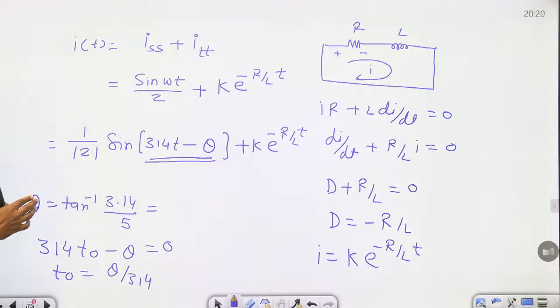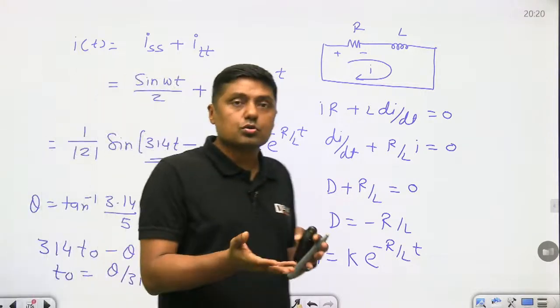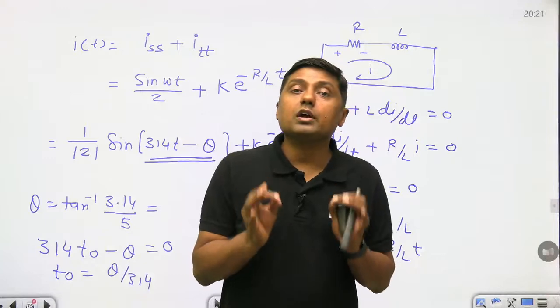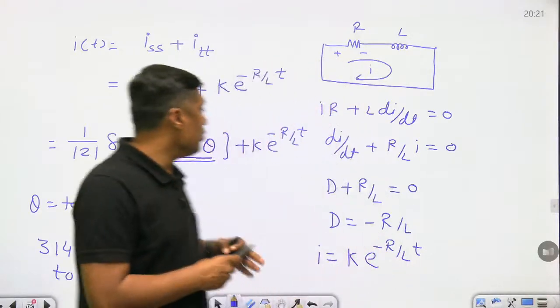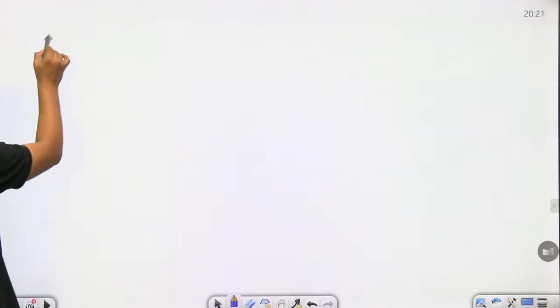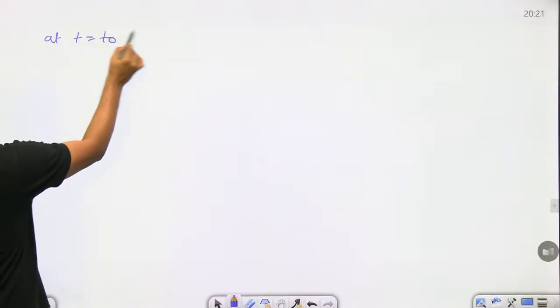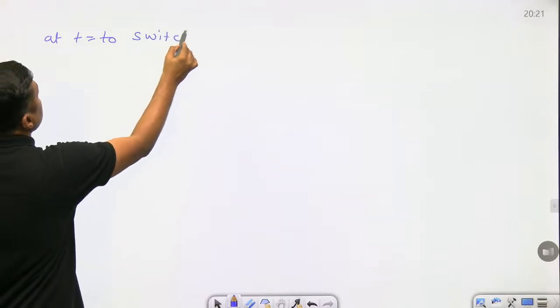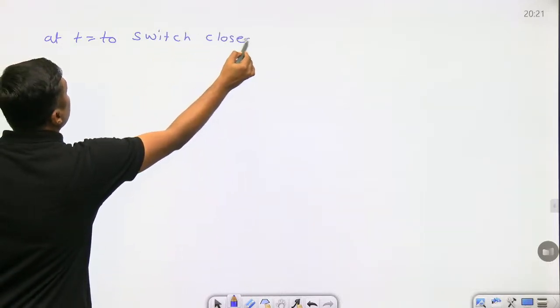Why is k equal to 0? Because of the initial current. When the switch is closed exactly at t equal to t naught, the inductor does not allow a sudden change of current.